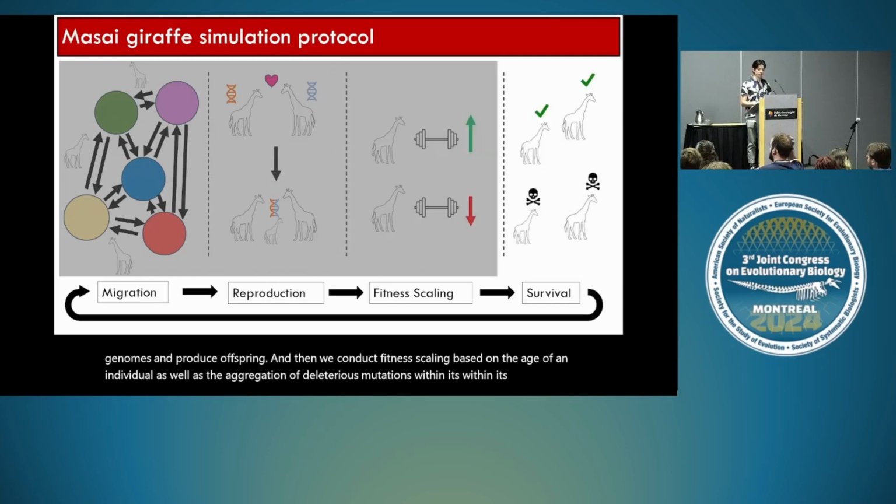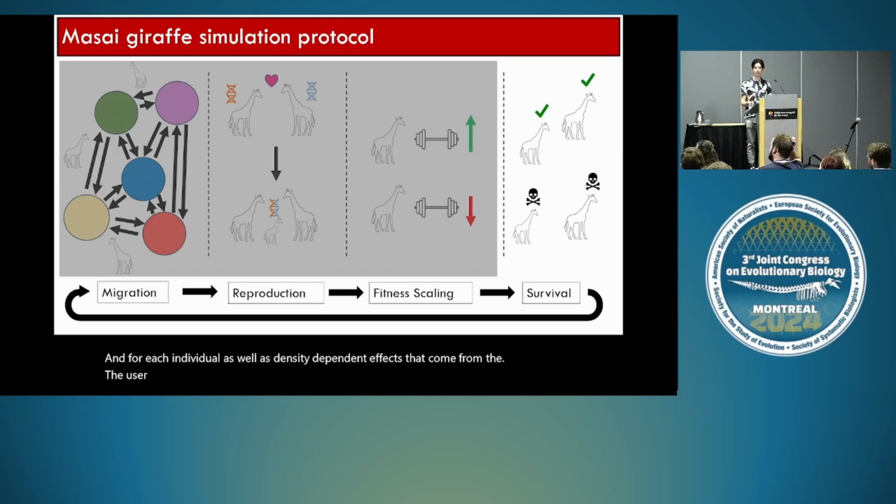And finally, each individual must pass a survival check. The probability of survival is a function of both the individual fitness of the organism, as well as density-dependent effects that come from the user-defined carrying capacity of the demes that you've put into the simulation. These steps repeat every single year, and they define the core process of the simulation.